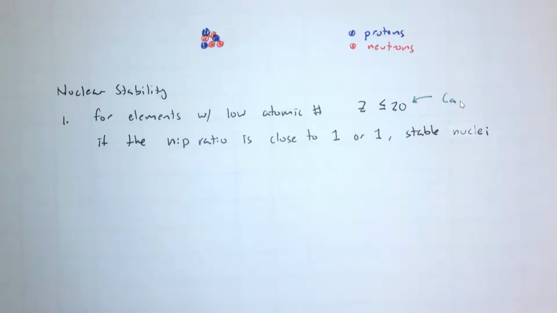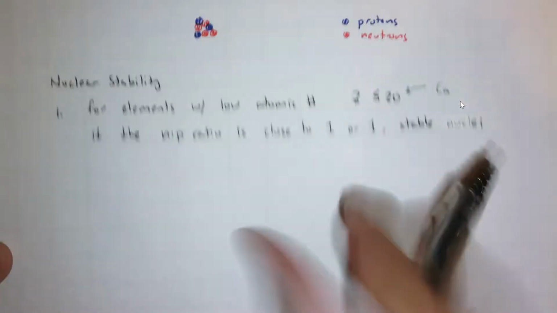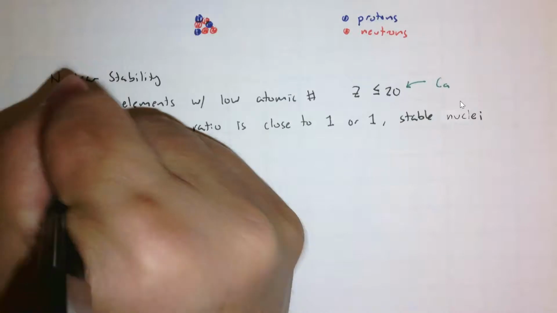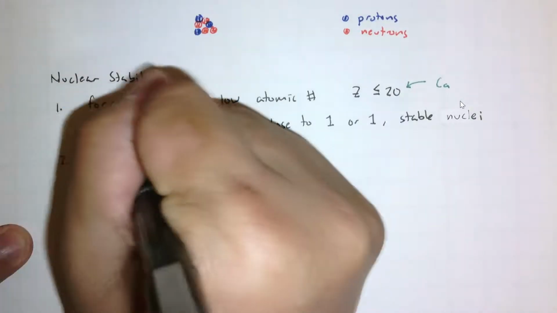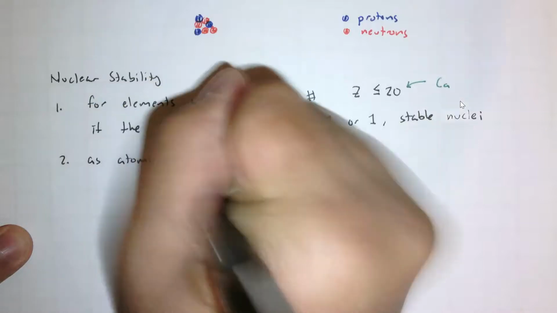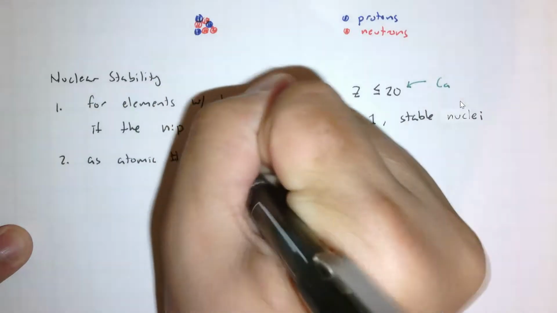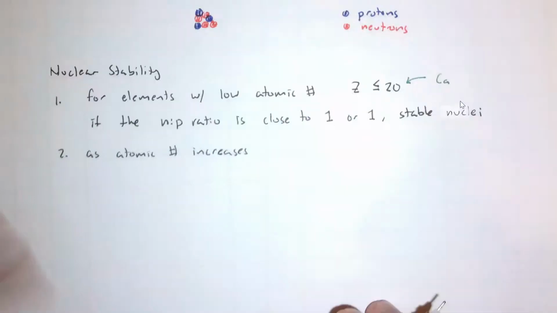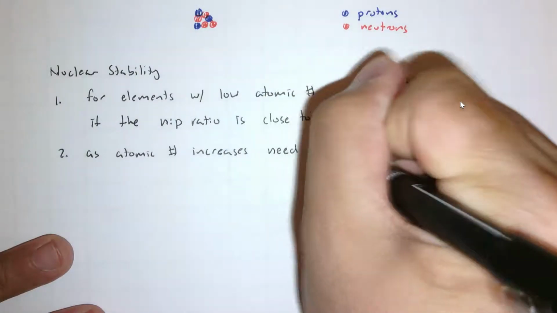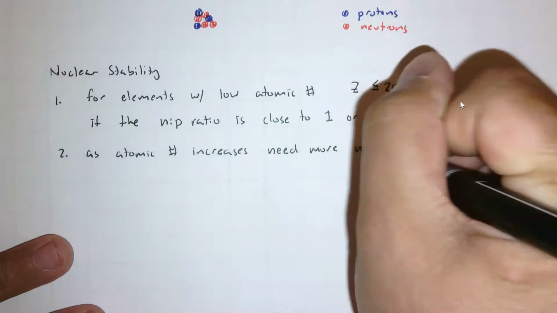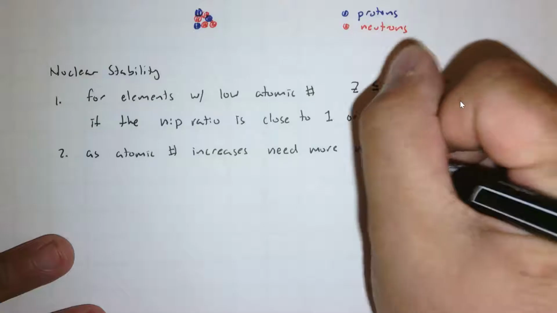Okay, number 2. As the atomic number increases, you need more neutrons.